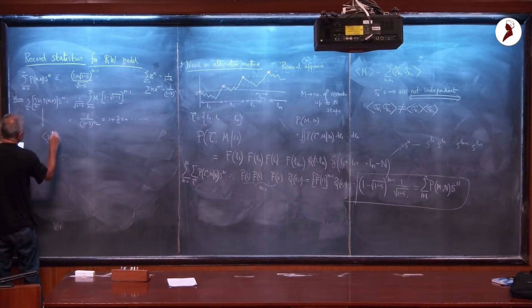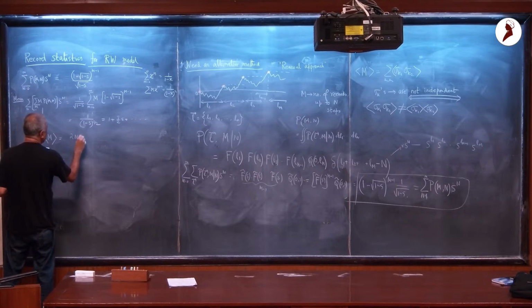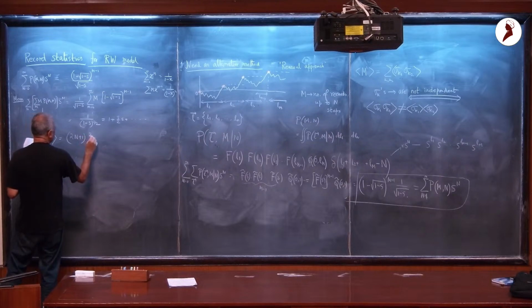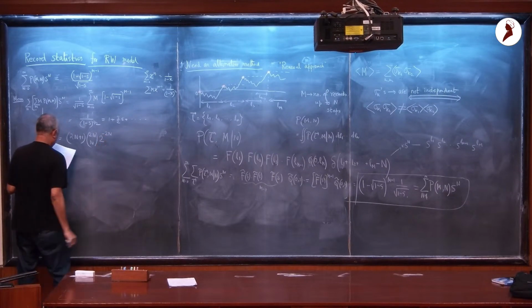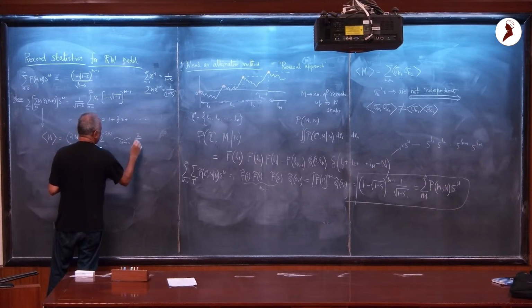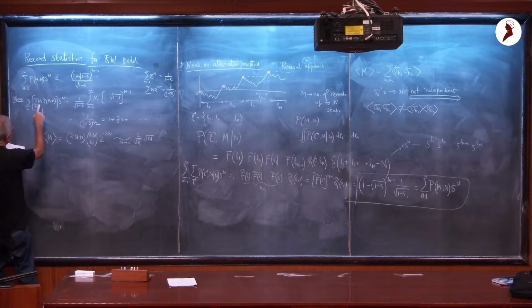This is just the mean, and it is precisely what we had calculated before using this sigma method. And this for large n, as we showed, goes like 2 by pi root n.